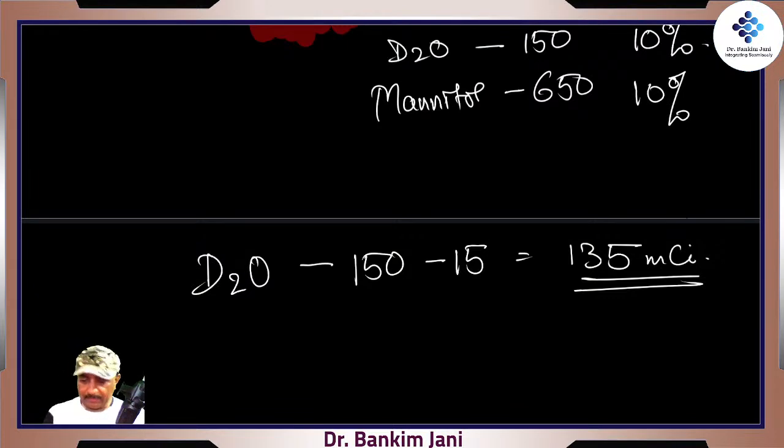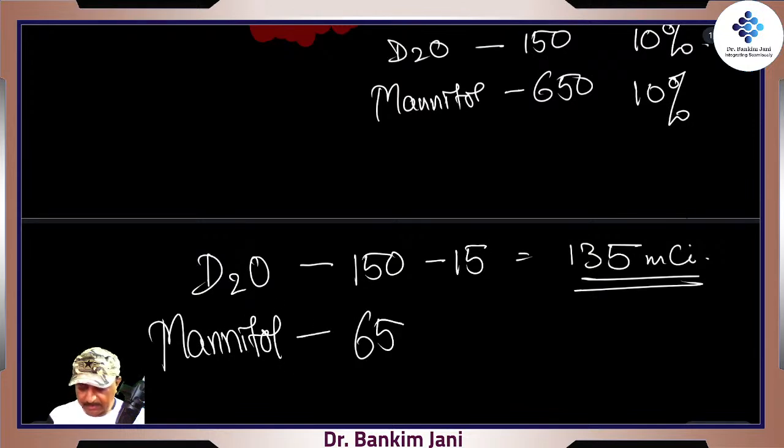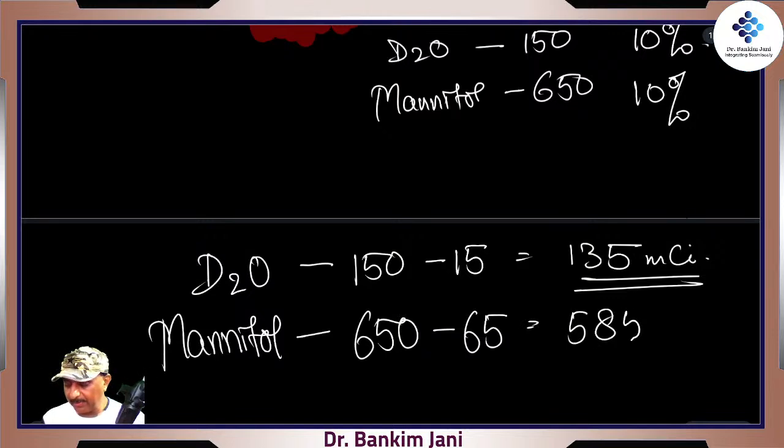Similarly, for the mannitol, it is say 650, and again say 10% is excreted. So 650 minus 65 going out gives 585 milligram in our body. Now this is in the total body, right?